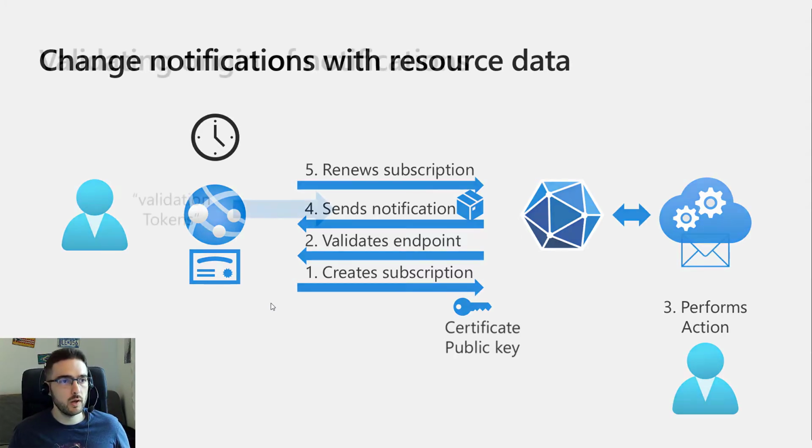So why do we encrypt the change notifications to begin with when they have resource data? Well, again, the endpoint that you're providing to Microsoft Graph is publicly available on the web, right?